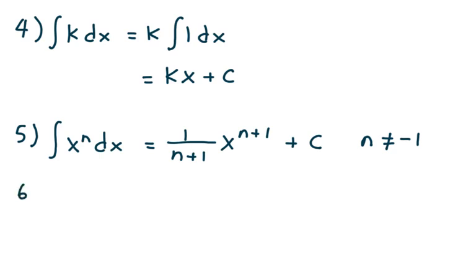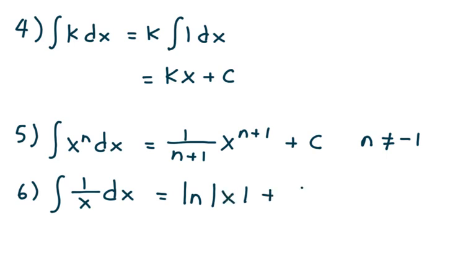Now, let's take a look at number 6. Suppose I have the integral of 1 over x dx. This is equal to natural log of the absolute value of x plus c. Let's take a look at 7.